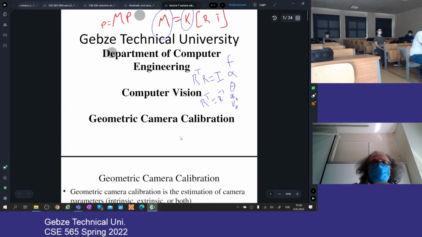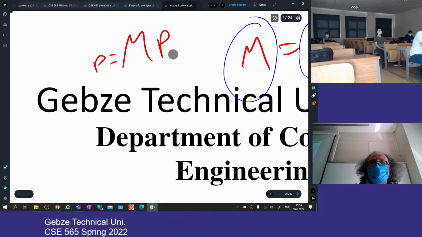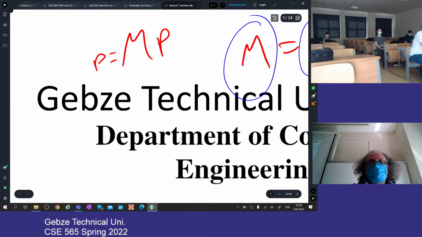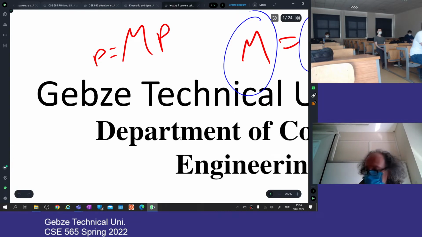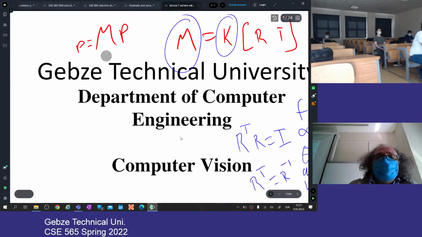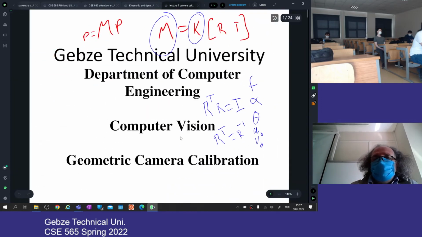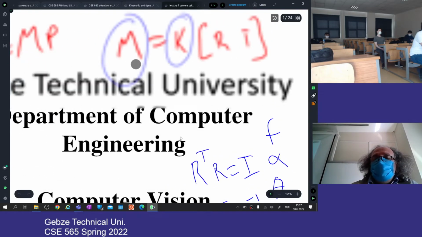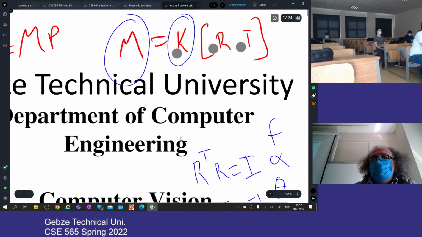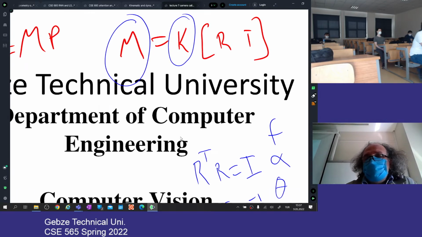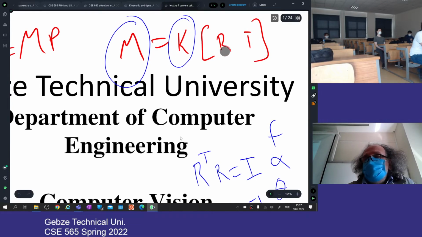Remember, given a three-dimensional world point M, we multiply it with P and get the homogeneous coordinates of the image point. Well, this is the projection matrix, right? Finding the projection matrix is different from finding the elements of these three matrices. This is a 3x3 matrix, this is a three element vector, right?